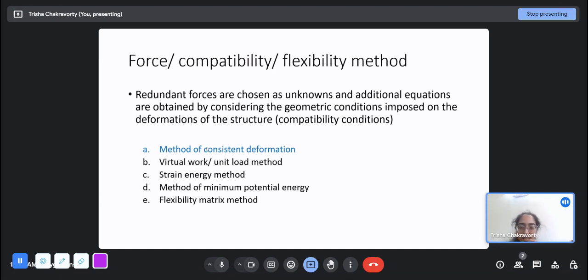If we impose those, we get the n extra equations to solve the redundant forces first. Once we have solved the redundant forces, we get a determinate structure, because once the reactions have been solved, the structure does not care whether it is a reaction or a force applied to it, so we can treat it as additional loading. We can solve the determinate structure, and then find the other responses: the bending moment, shear force, the slope, the deflection, and so on.